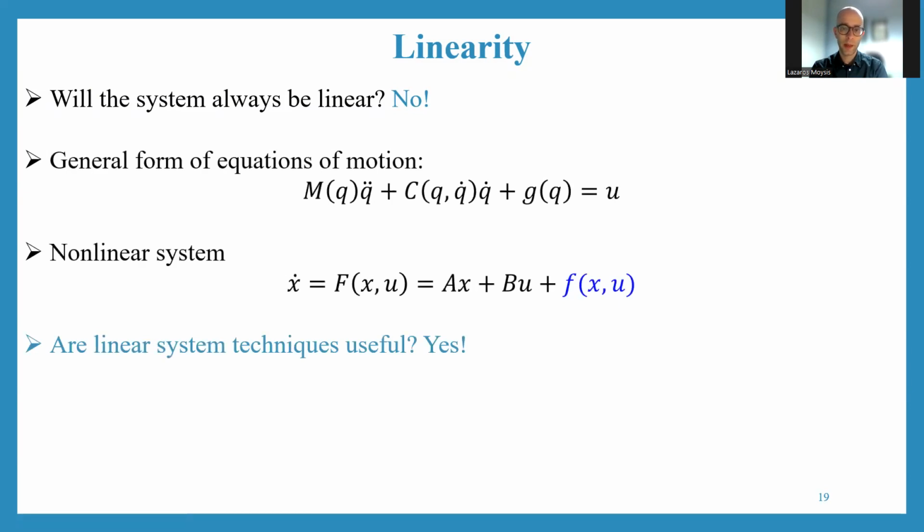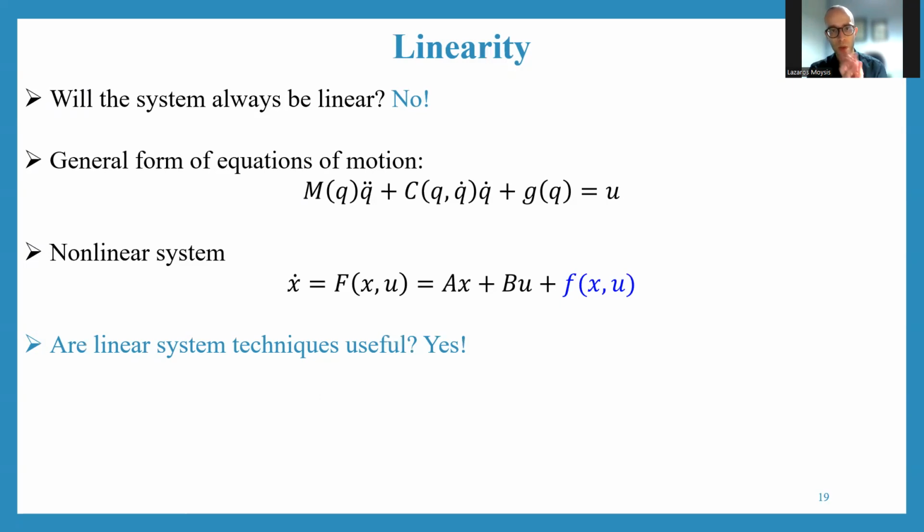So this is a much more general formulation of equations of motion. If you want to write them in state space form, we have this alpha times x plus beta times u, which is classical state space. But let's say we also have this f function, which is generally a nonlinear function of the state. One might say that now that the system is nonlinear, every technique I know on state space is useless.